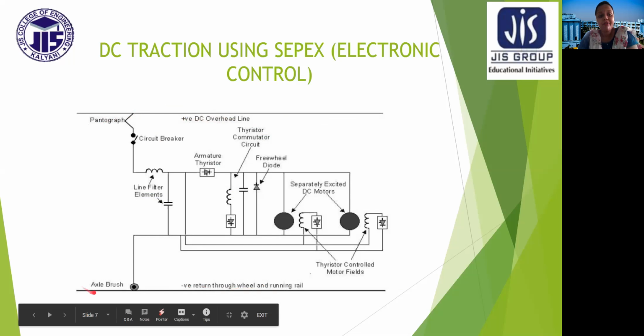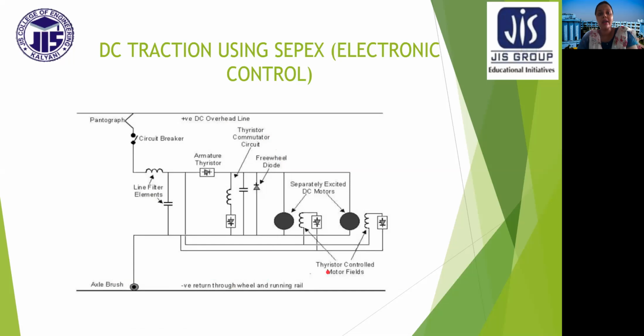So this negative part, the total circuit gets completed through the running rail, and that is why different sizes of stones are spread over there in the electric rail part.